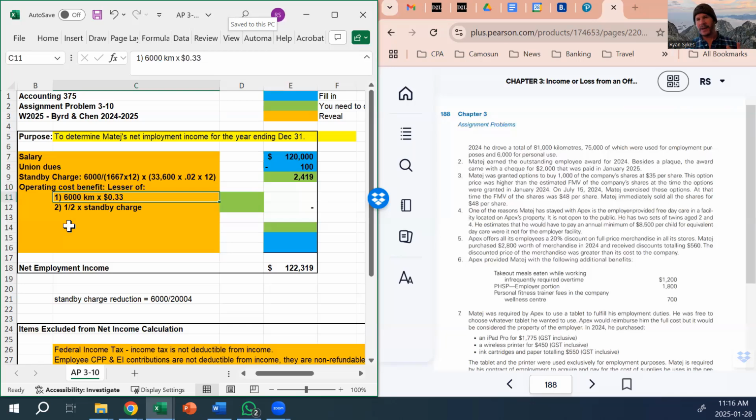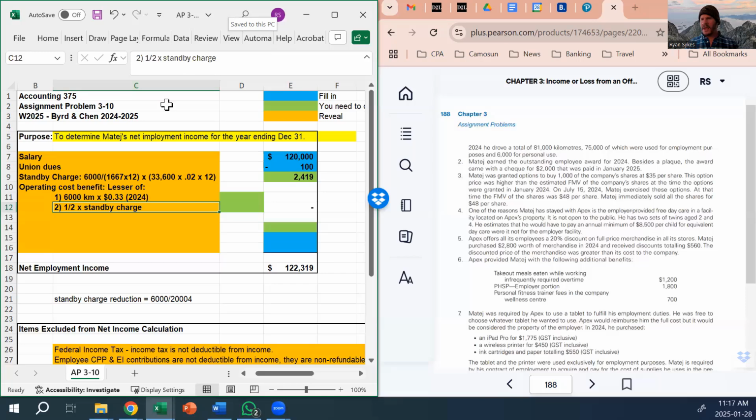It's a prescribed rate, and that is the rate for 2024, which is the tax year we're being instructed on here and tested on. If you're watching this in the future, the only thing that will potentially change here is this prescribed rate for the operating cost benefit. It'll, in all likelihood, be somewhat higher if you're watching this at some point in the future. But everything else here, unless some major changes have happened to the Income Tax Act, is probably still applicable.